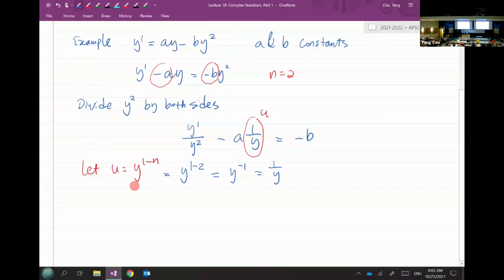The next step: now you have u equal to 1 over y. Then you take the derivative of both sides. The other side is negative 1, y to the power negative 2, and then y prime.